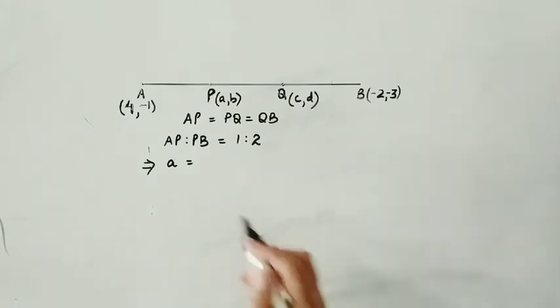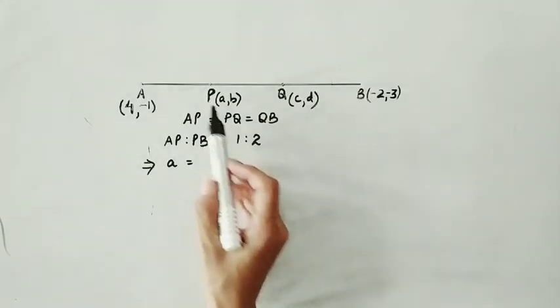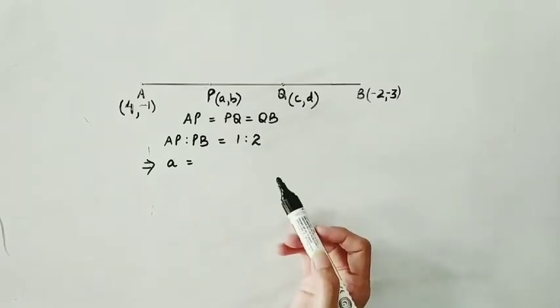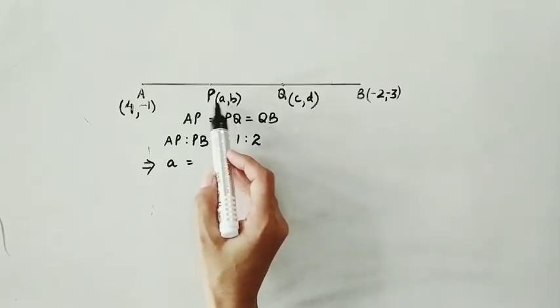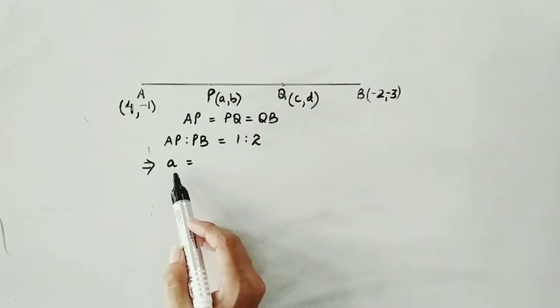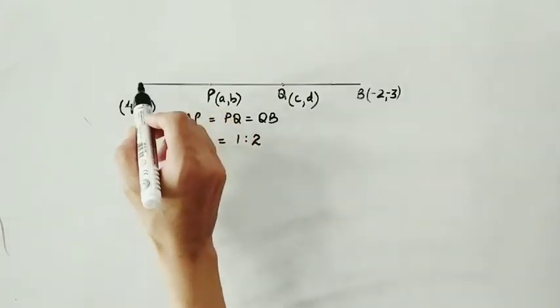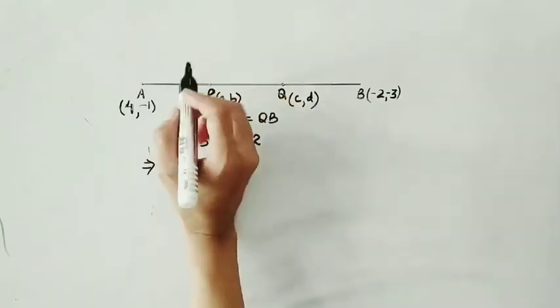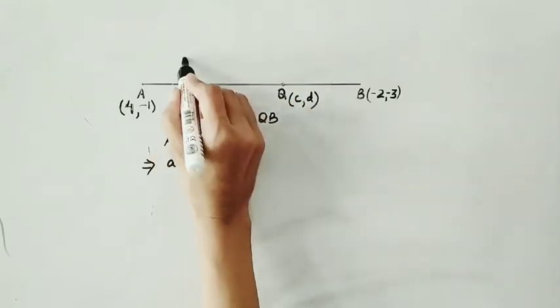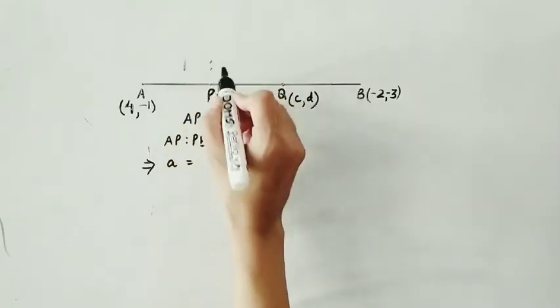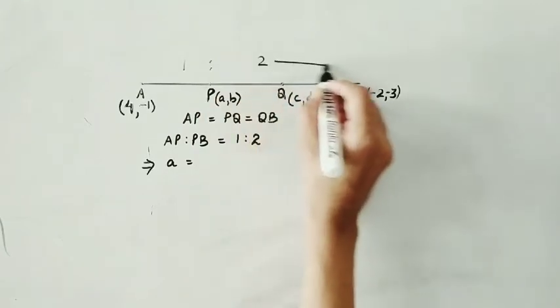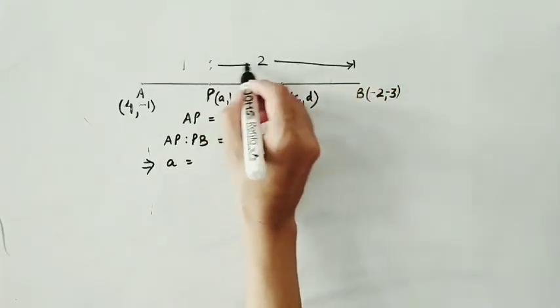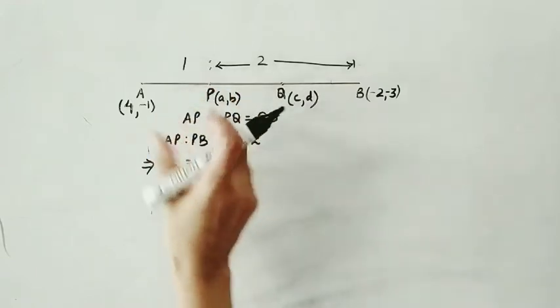Now let's find out the coordinates of P first of all. The x coordinate for P, which I have marked as a, look at the ratio AP to PB, which is 1:2.